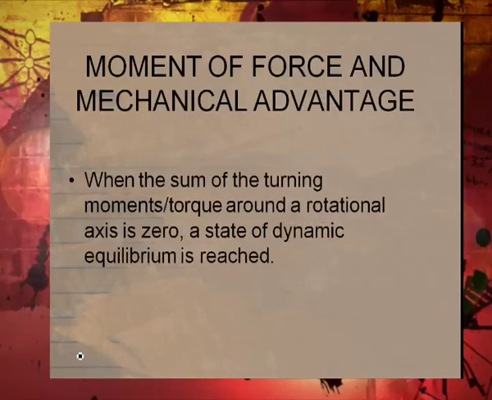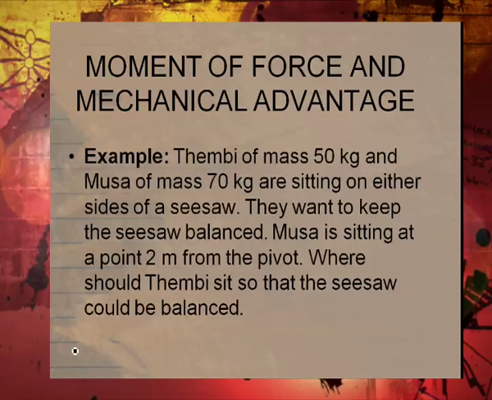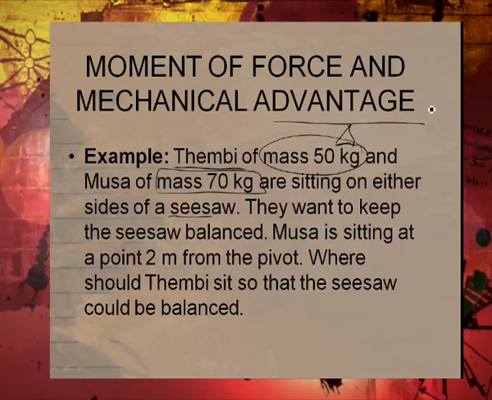One thing we also need to know is that when the sum of the turning moments or the torques around a rotational axis is zero, we have what we call a state of equilibrium, a state of dynamic equilibrium. Let's look at this example to understand this. Thembi of mass 50 kilograms and Musa of mass 70 kilograms are sitting on either side of a seesaw.